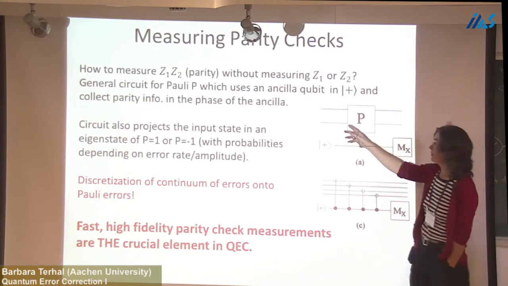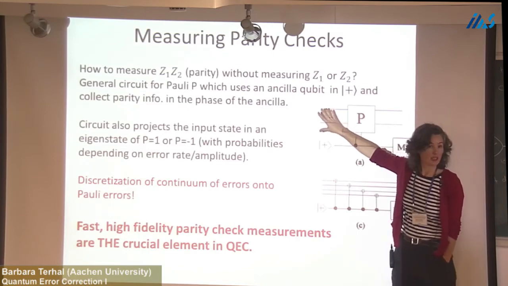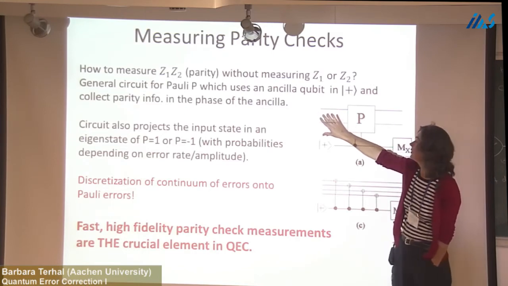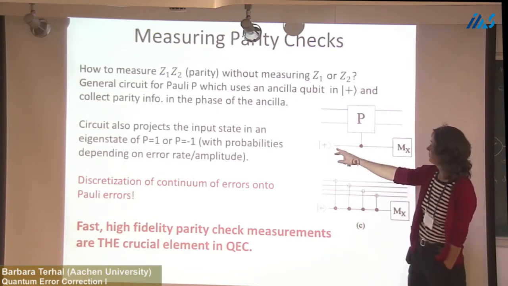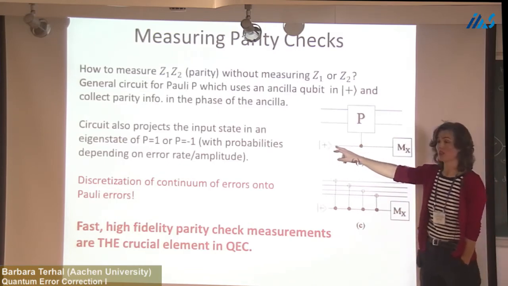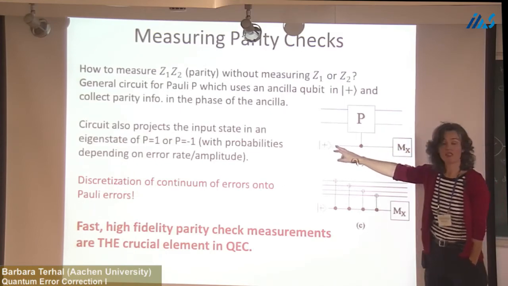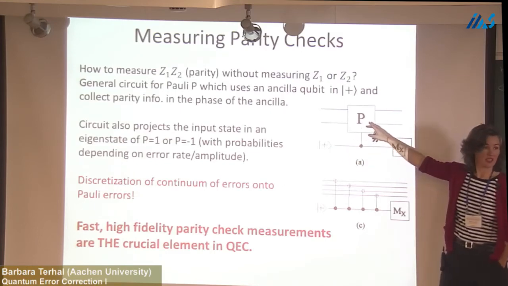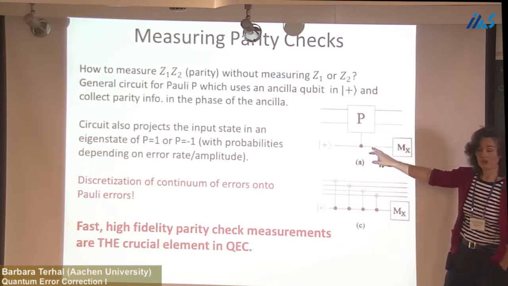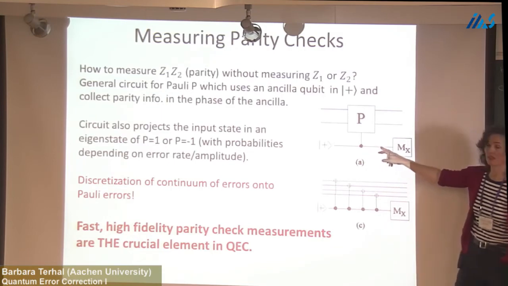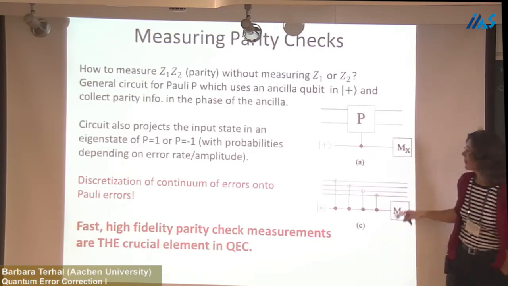It's also clear what happens if it's a state which has -1 eigenvalue with respect to P. Why? Well, I start here with 0 plus 1. The 0 state, nothing happens. But if I have the 1 state, I pick up a minus sign from applying P, and that minus sign I can just include here. So plus goes to minus, and if I measure it, I find a minus state.